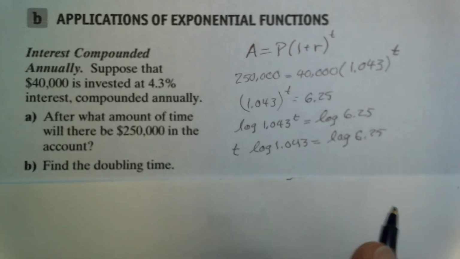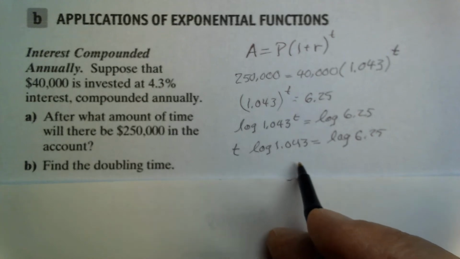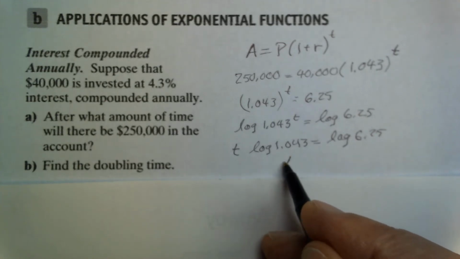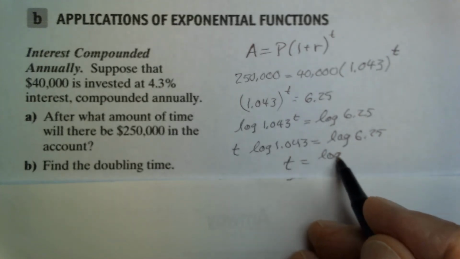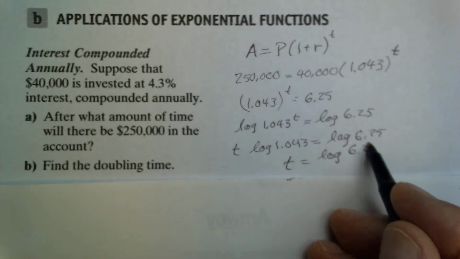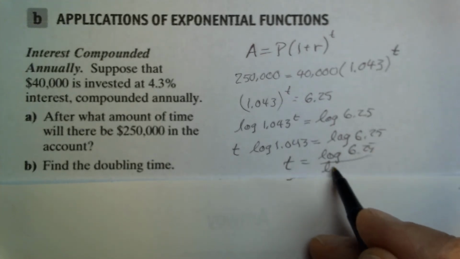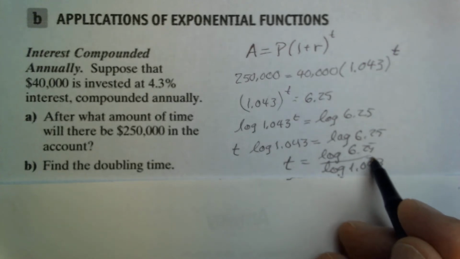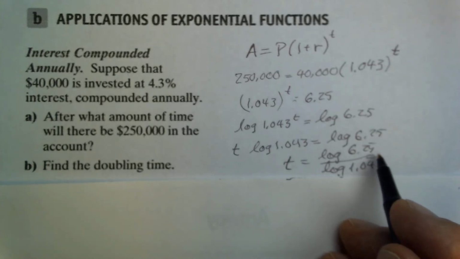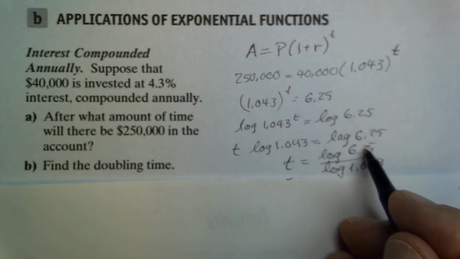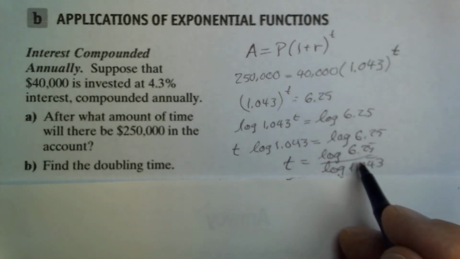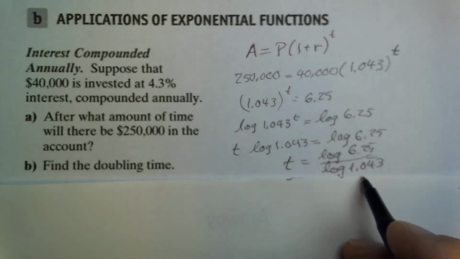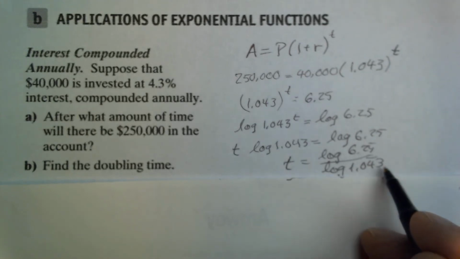When we divide both sides by the log of 1.043, T is equal to the log of 6.25 divided by the log of 1.043.